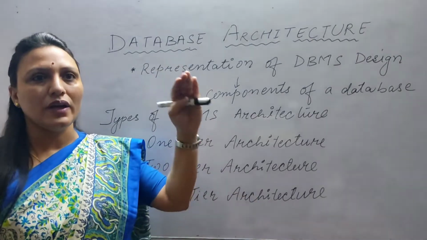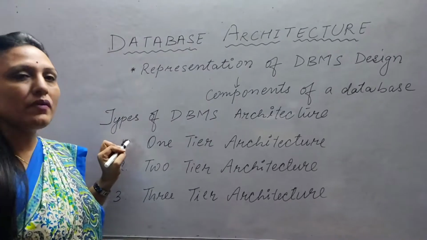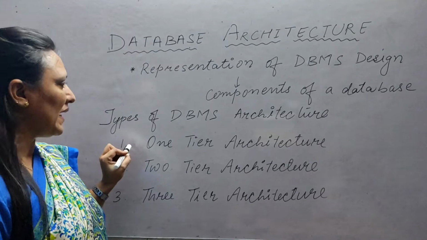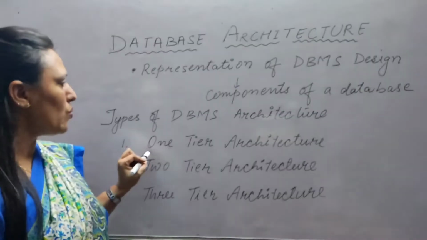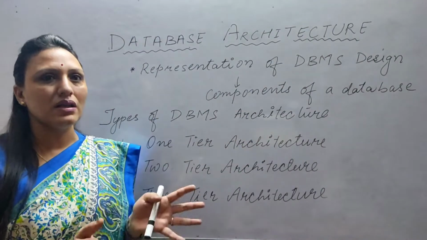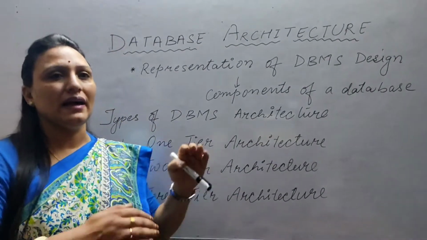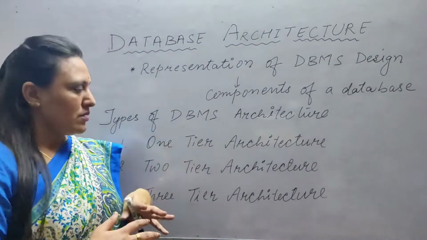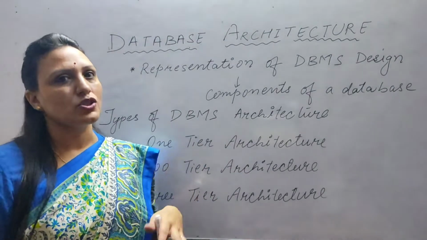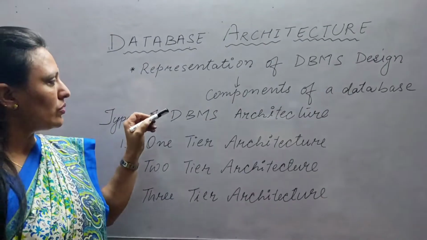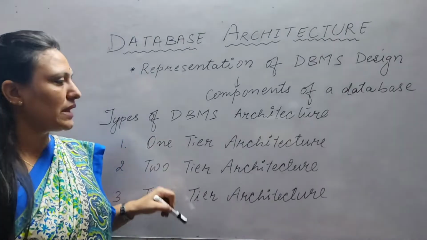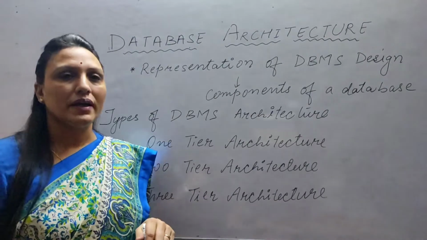One tier will have only a single set where everything will be stored. Two tier will have two layers. Three tier will have three layers.